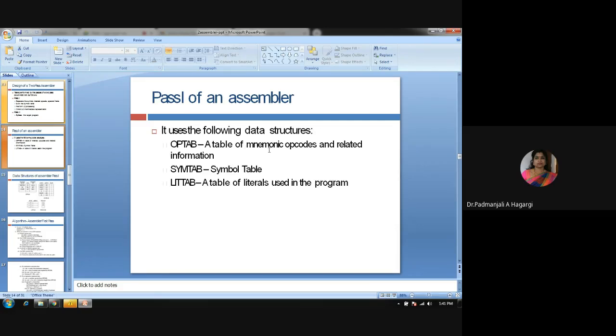These are the related information. And the symbol table will have the symbol name and the address at which place it is located.